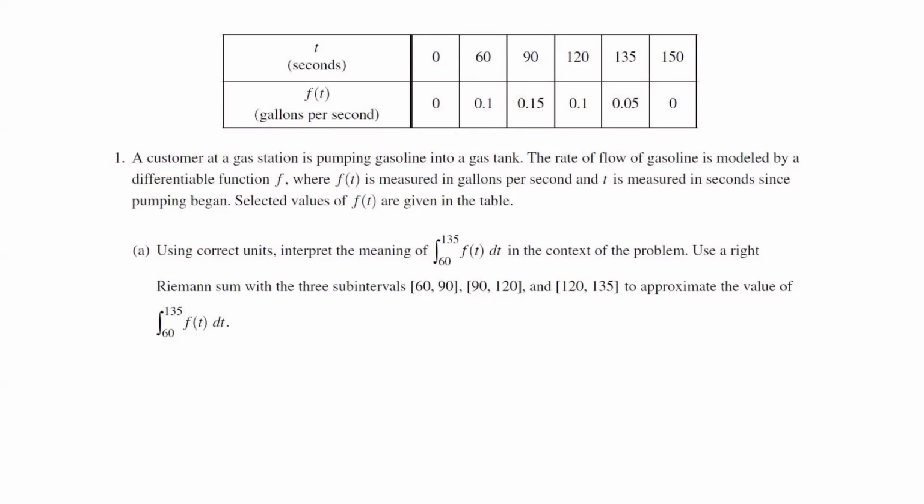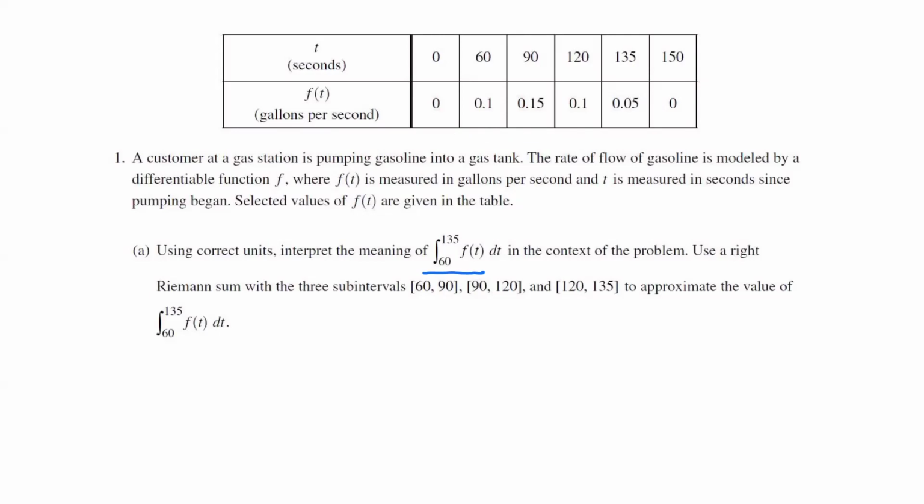Then the question is, using correct units, interpret the meaning of the integral from 60 to 135 of this function with respect to time. This integral represents the total number of gallons of gasoline pumped into the gas tank from time t equals 60 seconds to time t equals 135 seconds.